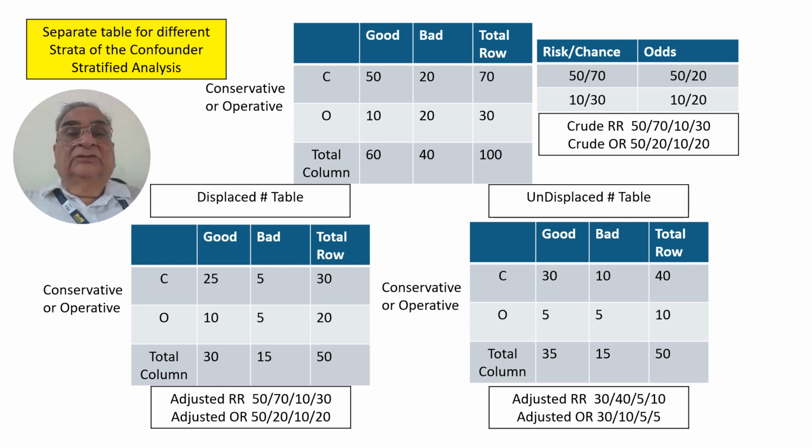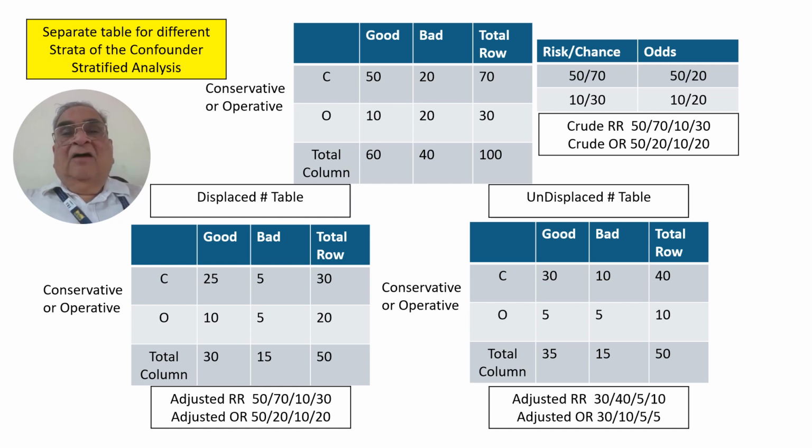So here is the overall table which will give us the crude relative risk and the crude odds ratio. See, this is conservative or operative treatment. This is good or bad results. And 50 out of 70 cases is the risk, the chance of a good result given the conservative treatment.